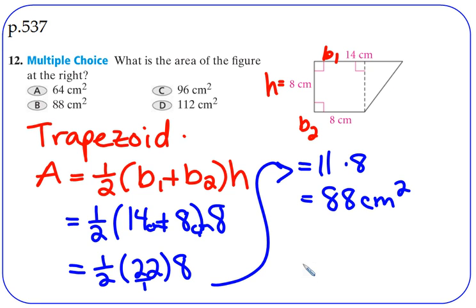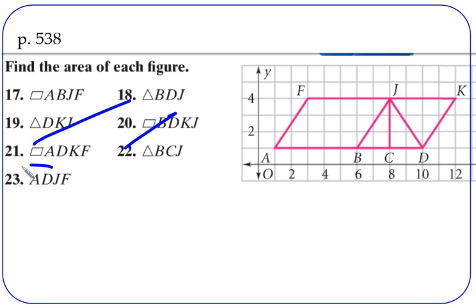Okay, page 538 in your book. We're going to find the area of each figure, but really we're only going to do one figure. We're going to do the figure on number 23, ADJF. Let's outline that.